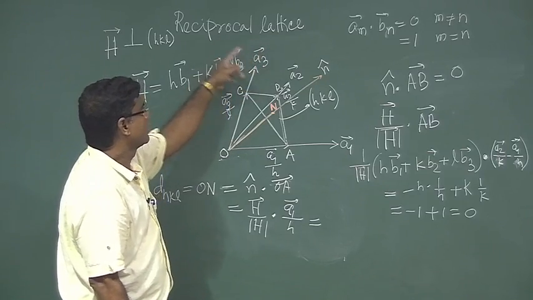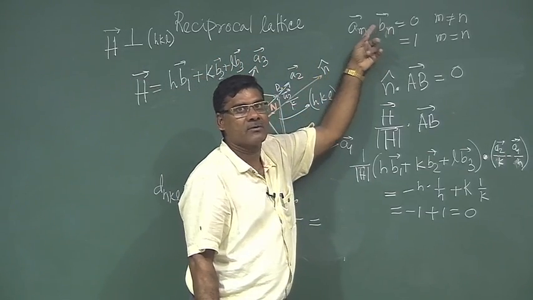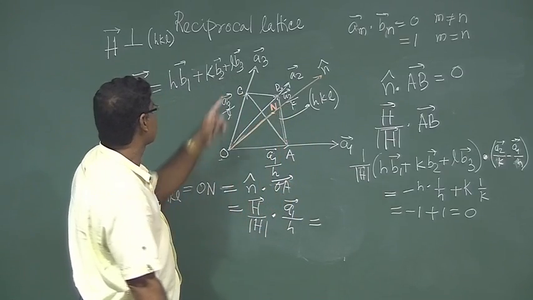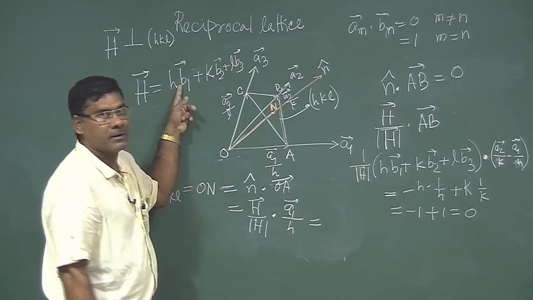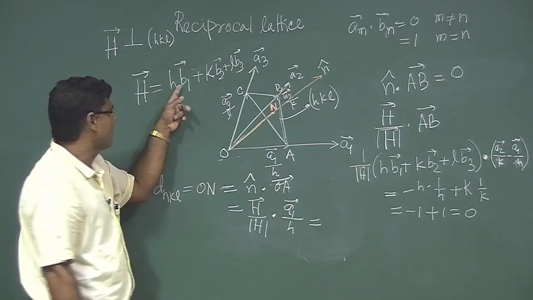Following this, only m equal to n will give 1, otherwise 0. So A1 dot A1 term will exist, others will be 0.